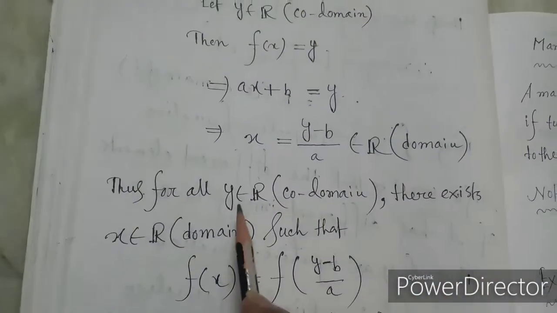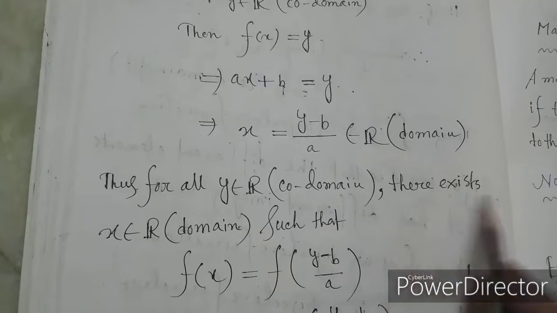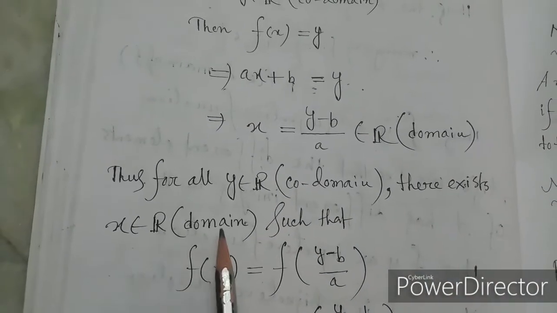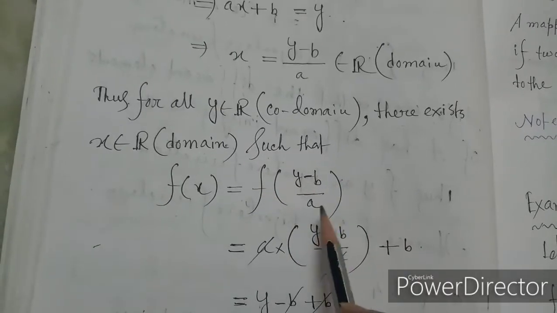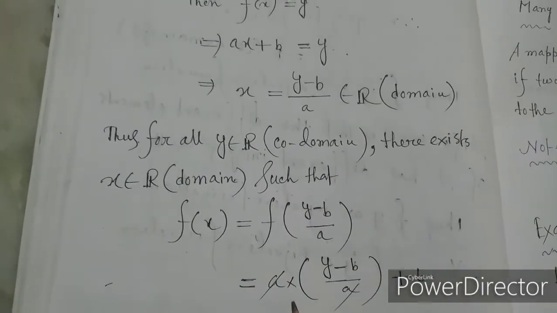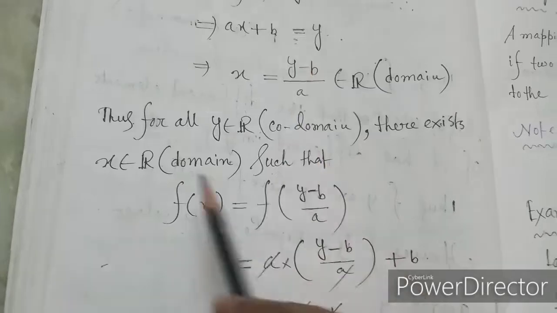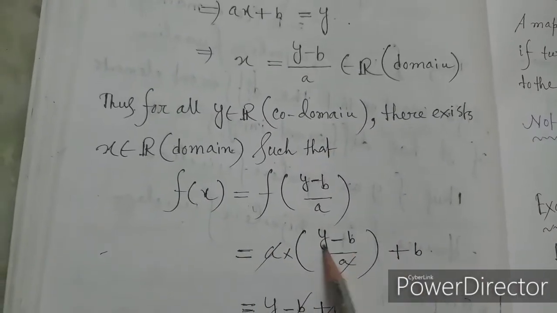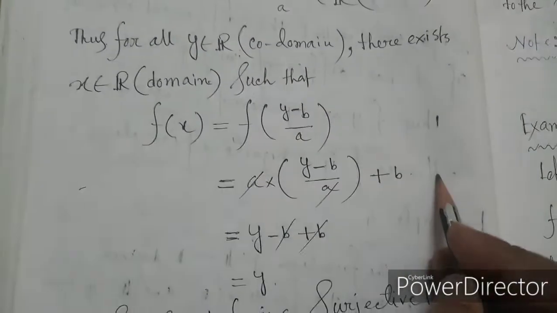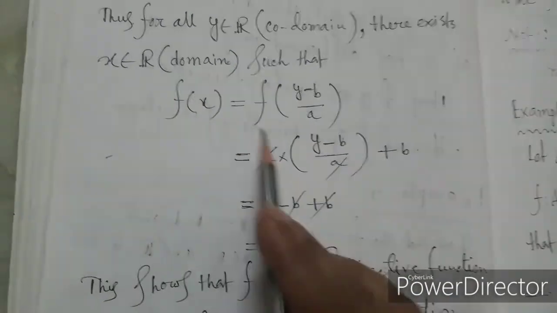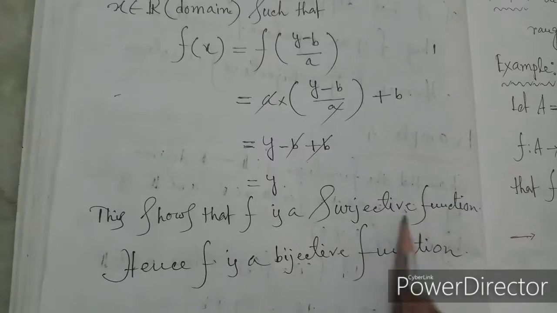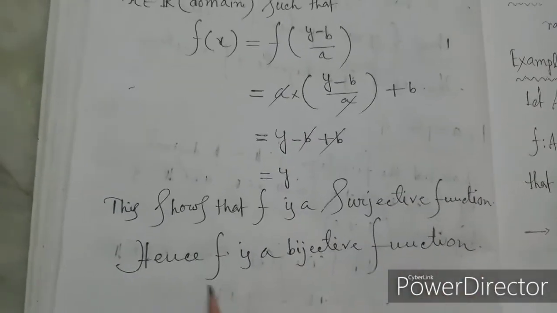So thus for all y belonging to R, the codomain, there exists x belonging to R, the domain, such that f(x) equals, what is the value of x? (y minus b) by a. According to the definition, f(x) equal to ax plus b, so a into (y minus b) by a plus b. That means a cancels out, so y minus b plus b, so y. So f(x) equal to y holds, and this shows that it is a surjective function and hence it is a bijective function.